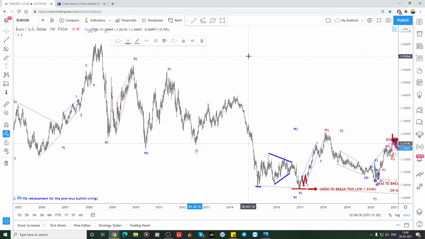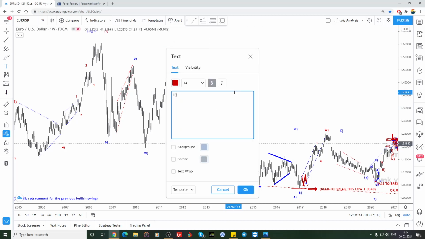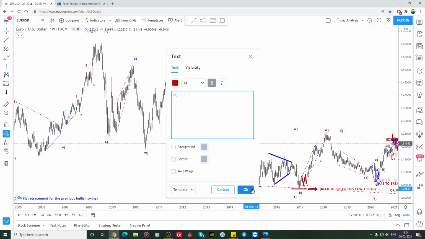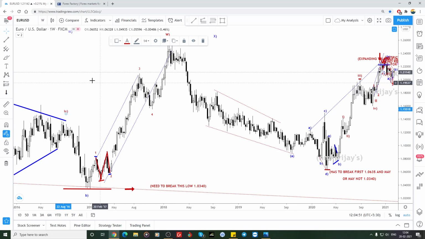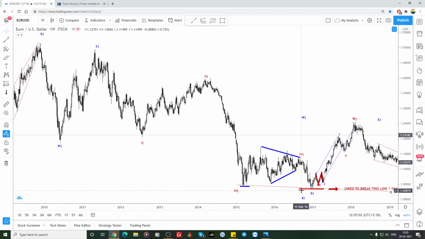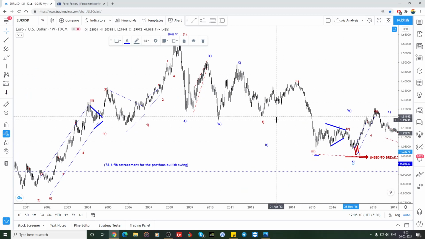We will do it fast. 2, 3, 4 is a triangle, and the fifth wave is a wedge formation. Look at this: 1 2 3 4 and 5. So 1 2 3 4 and 5. So this is an end of that A wave. So this A wave, how the Euro USD 1 2 3 4 5 is an A.